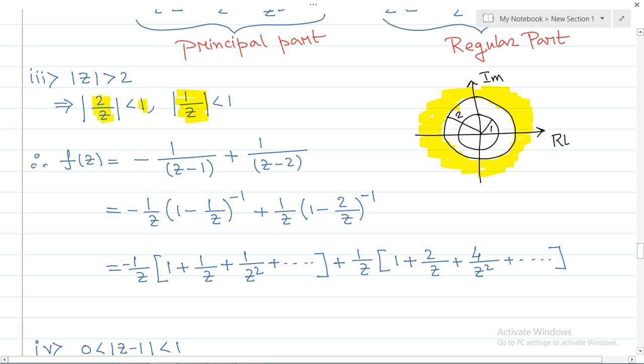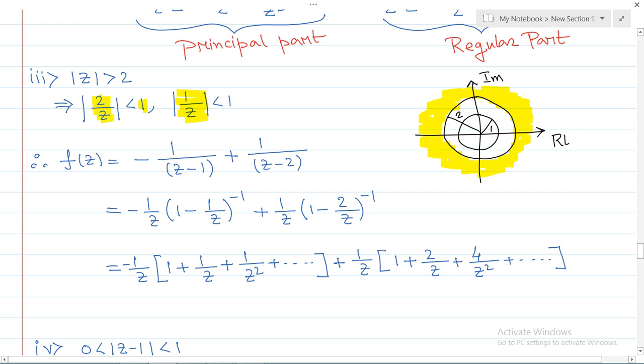So for this region we have mod z greater than 2, which is similar to 2 by mod z less than 1. So if this shaded region is outside the outer circle, it is outside the inner circle also, right? Because the inner circle is smaller. So that is 1 by z less than 1.